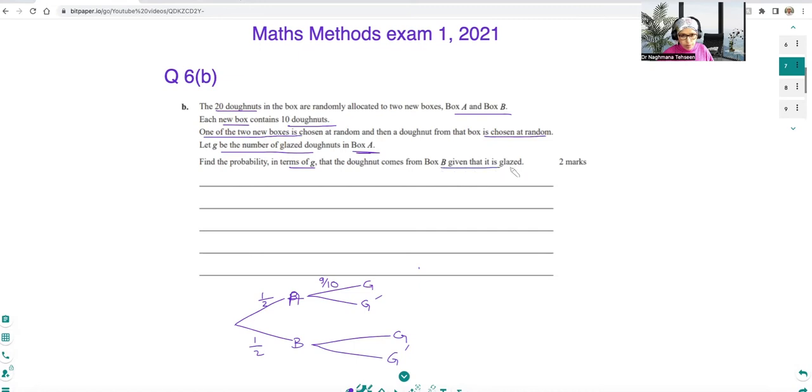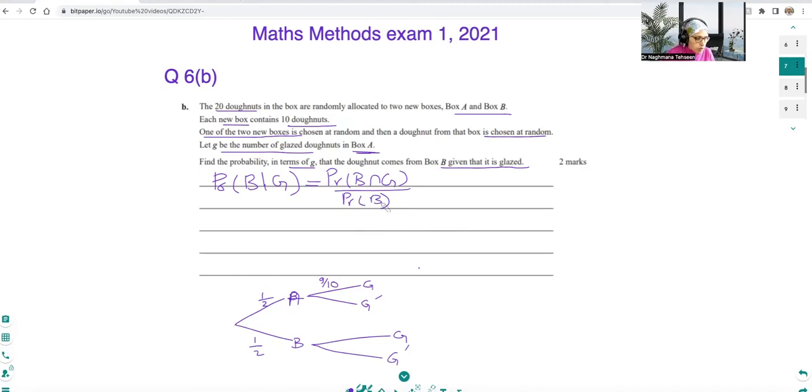So we want to find the probability of B given glazed. In terms of the formula, that is the probability of B and G over the probability of G. So I need to find box B and glazed.